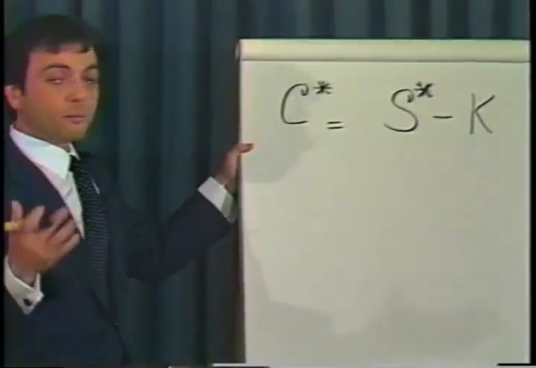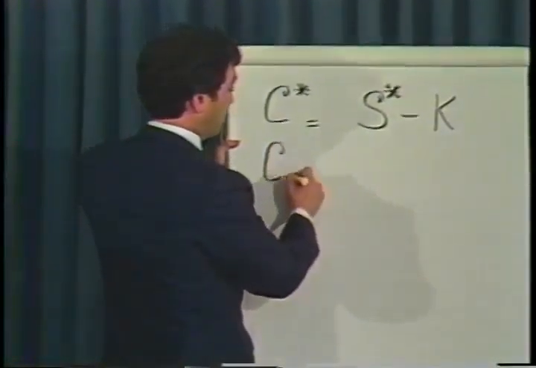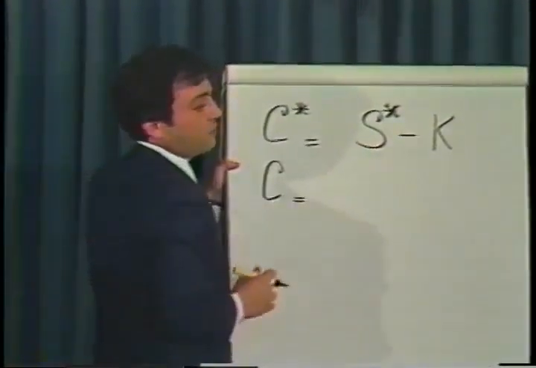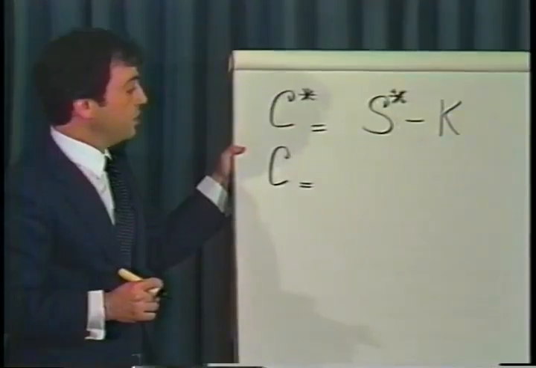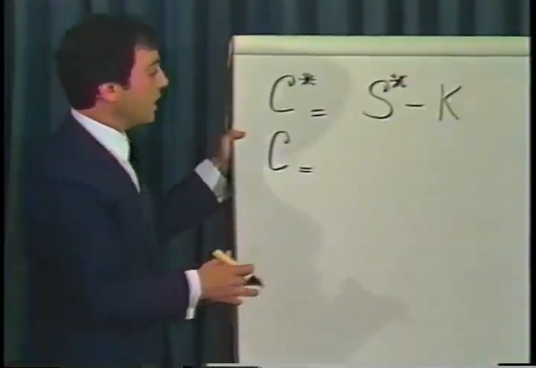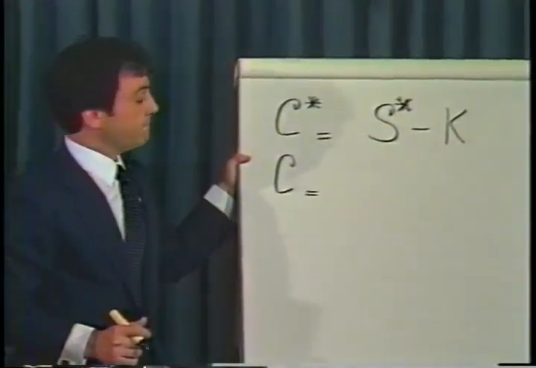Okay. Before maturity, what will be the value of this call option? It will be the discounted present value of this, right? It will be the discounted present value of the stock at maturity, correct? Okay.